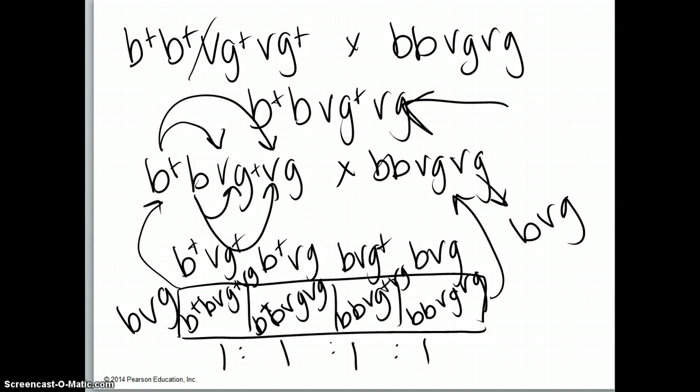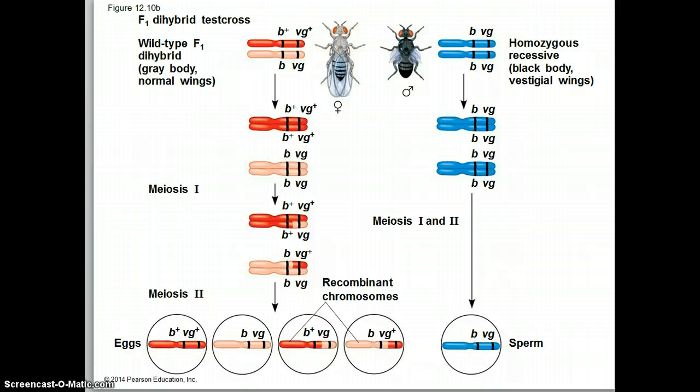So I got my heterozygous individual right here. If I take that heterozygous parent and cross it with the homozygous recessive, just as I did here, I'm going to get that one gamete for my male who is homozygous recessive, and I'm going to get those 4 possibilities for my female who was a dihybrid.